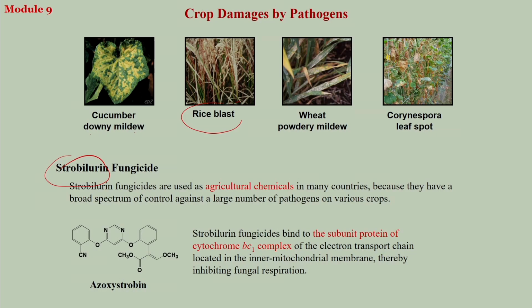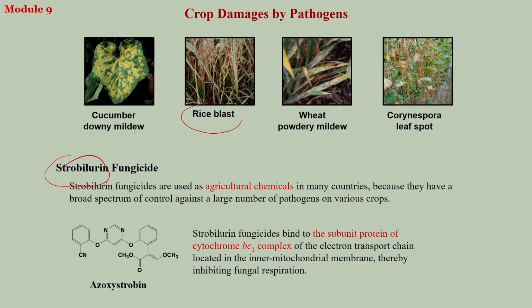So you use a fungicide to kill those fungi. Strobilurin is a fungicide usually used on these kinds of crops. This is the structure of a variation of strobilurin, azoxystrobin.